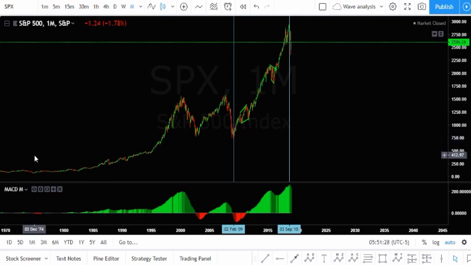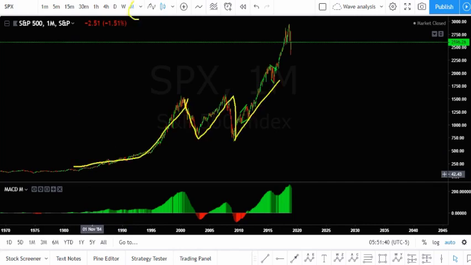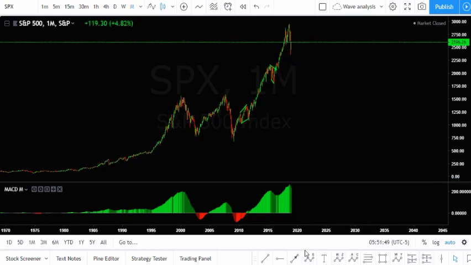So I'm just quickly going to run through how you would do your labeling, just like a quick little practice exercise, so you guys can see how it is done. So let's say, okay, this is a monthly. We'll always start on our higher time frames, and we had this up move, and we had this correction, and then the next move up.